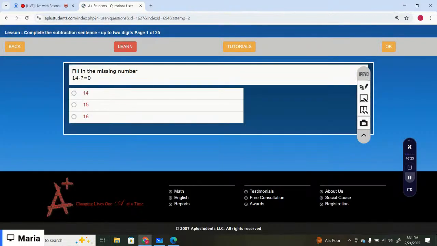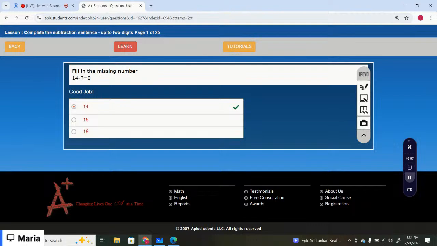You have to find the missing number. 14 take away what number equals 0? 14 take away 14 is 0. You can try with other numbers. So you have to make 0. Subtracting a number from itself always makes 0.